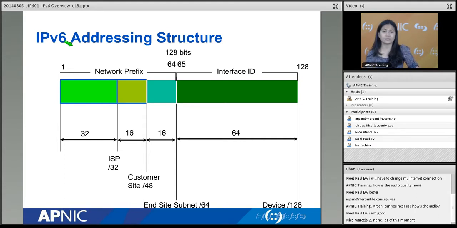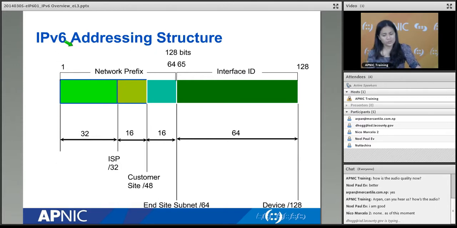With IPv6, the interface ID is always 64 bits. At least nowadays, that is what we're following. Okay, maybe it will change in the future, but as of this time, when we talk about the interface ID, it is always 64 bits. Now, this 64 bits will be assigned to the machine, to the host.